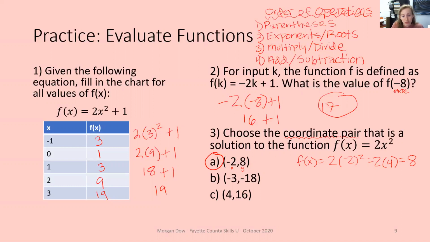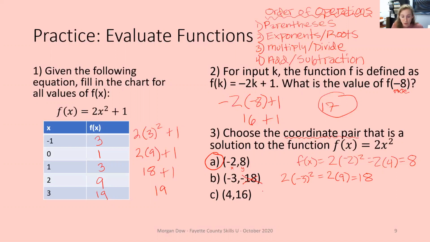Now, if we want to, we can test out the other ones. We can see that these ones won't work. So I'll show you. If we do 2 times -3 squared, that's going to become 2 times 9, which is 18. We did not get -18, right? So when you put -3 into this function, you get an output of 18, not -18.